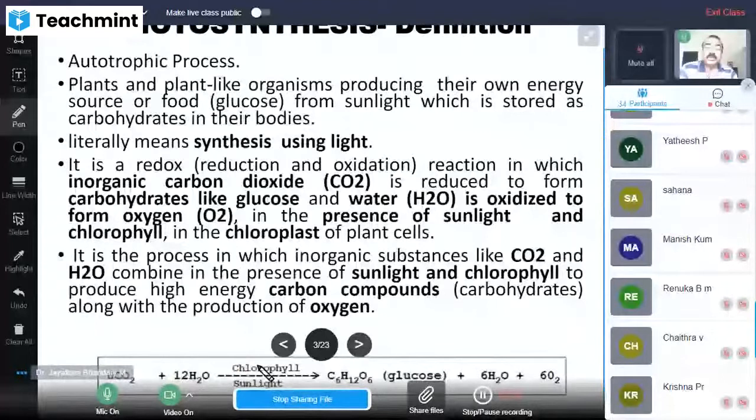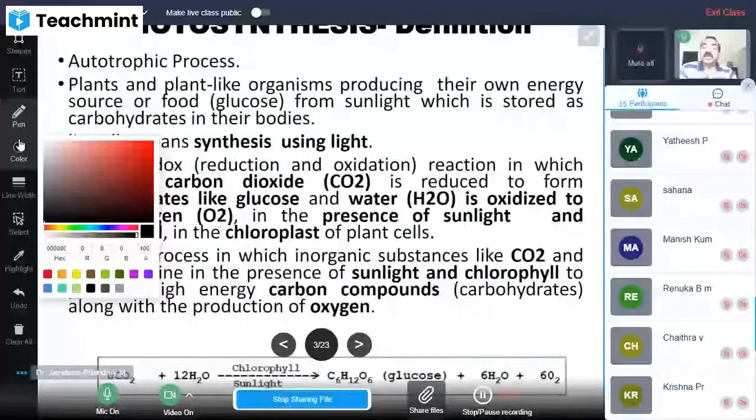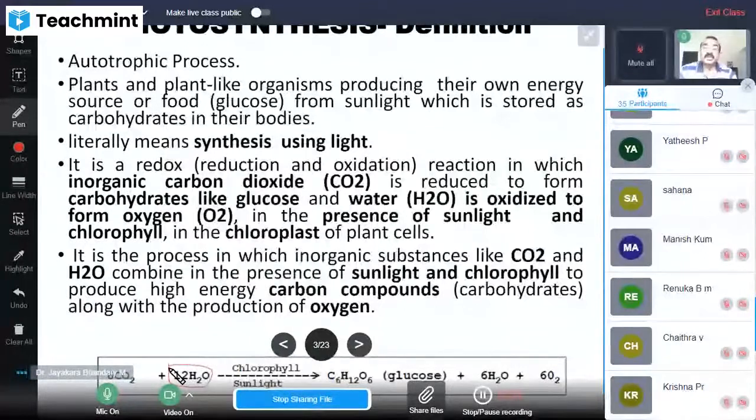6 CO2 plus 12 H2O in the presence of chlorophyll and sunlight produces C6H12O6, this is glucose, and water and oxygen. So please note here, water is both a reactant and also a product. Water is a reactant, 12 molecules of H2O are there, whereas it is also a product.